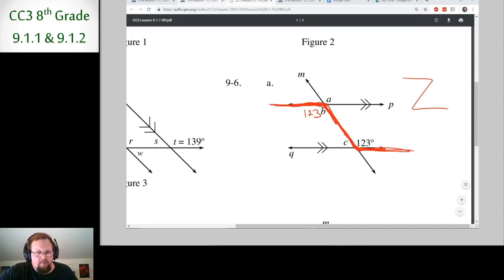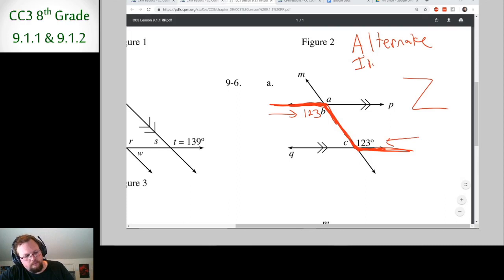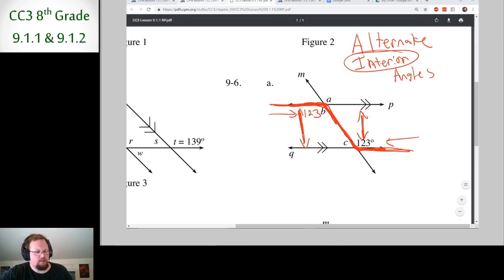There's a proper name for these. This is, in this case, alternate. Okay, they're alternate angles because this one is on the left and this one is on the right. Interior, alternate interior angles, because they are in between the parallel lines, which is why this is the interior part.